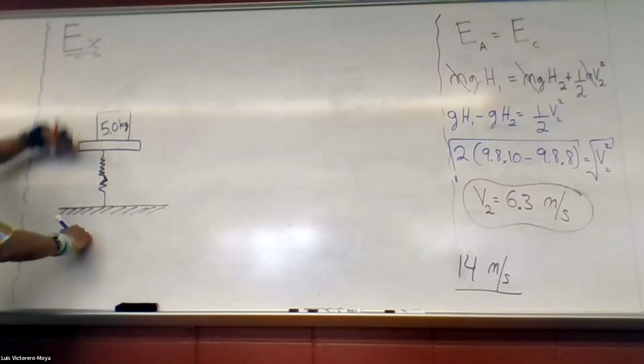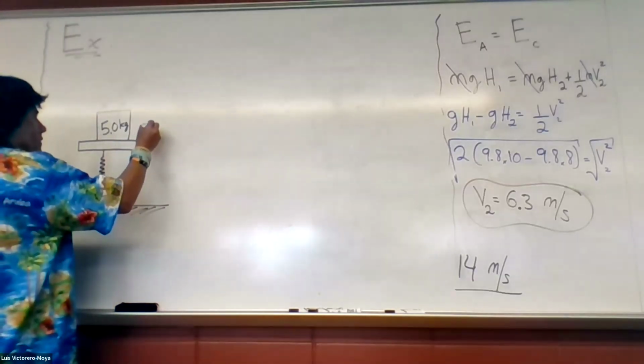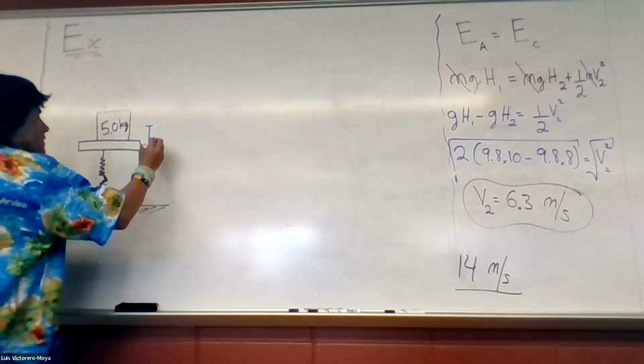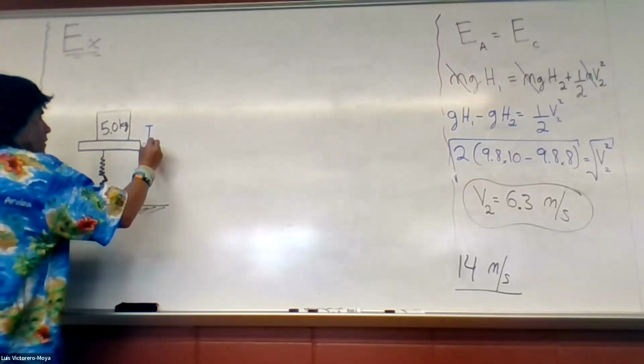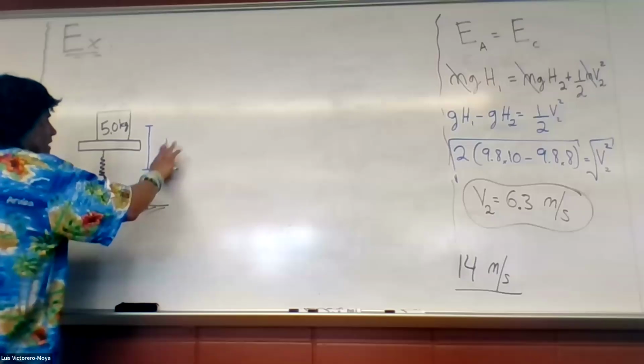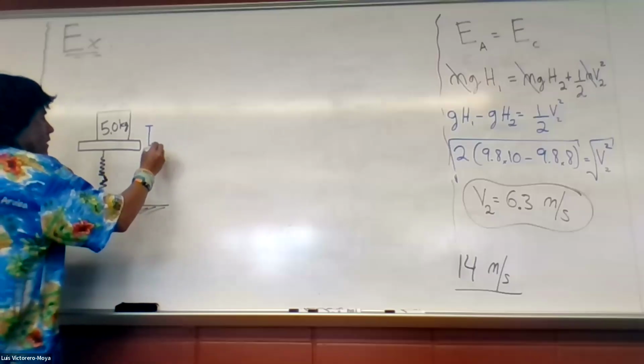So the spring should be here, but it is compressed at a distance y or x, because that's the compression of the spring.